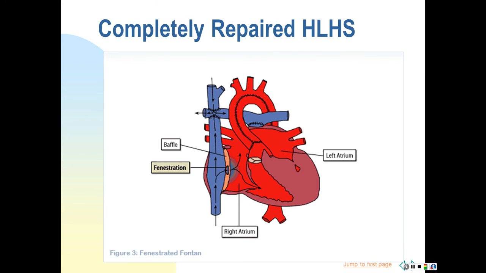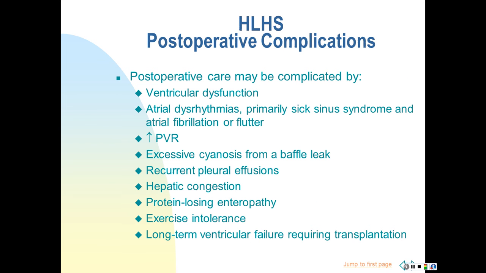Different picture. I'm going to stop at this point. I'm not going to finish up with any of the other defects. They're here in case you should take care of one of those children.